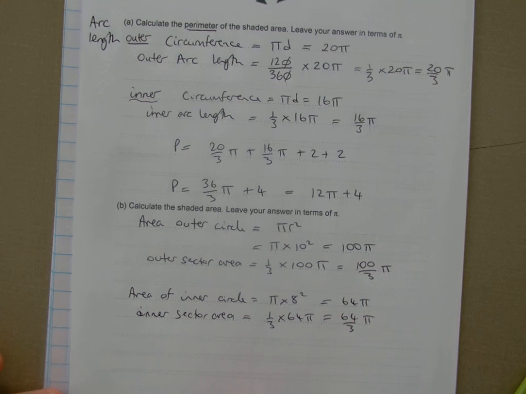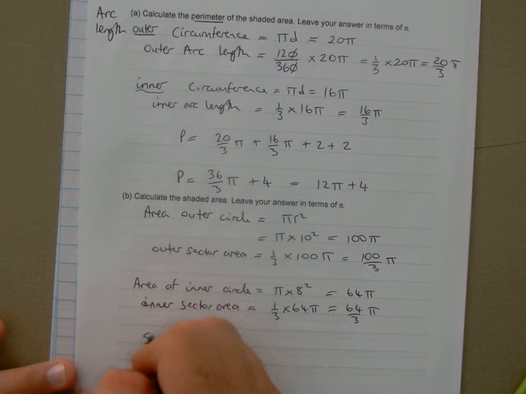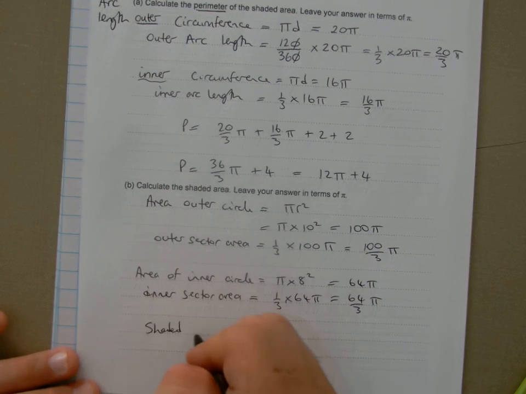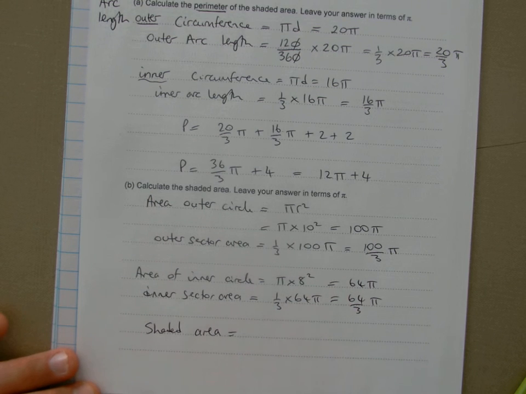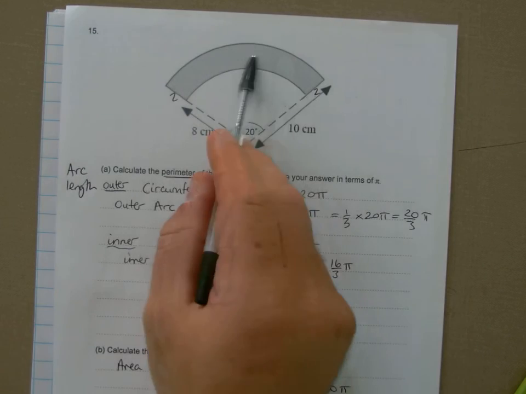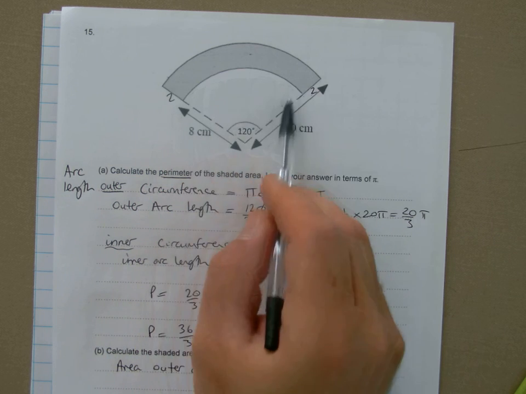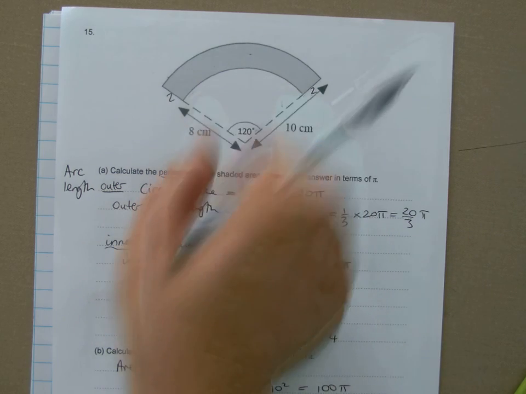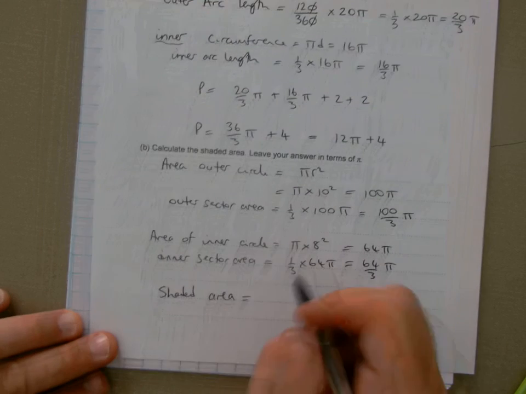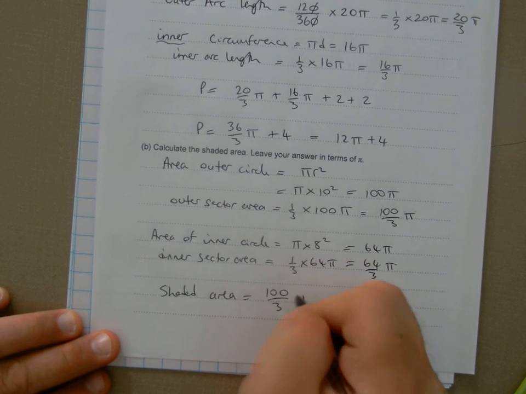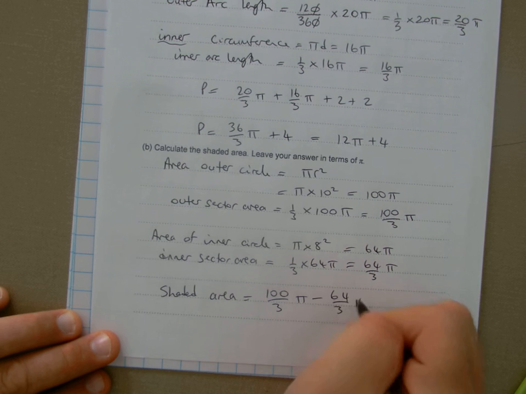And then, to work out the shaded area, you've got to take them away. To get the shaded part, you take the larger sector and take away the smaller sector. Just imagine the smaller sector being cut out from the larger sector. So 100 over 3 pi take away 64 over 3 pi.